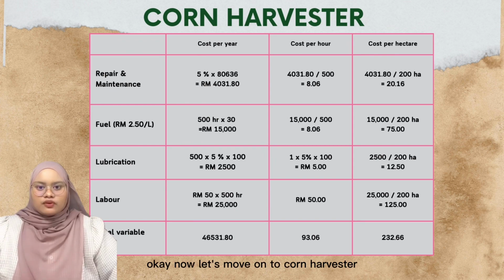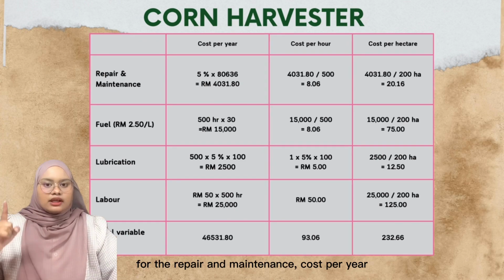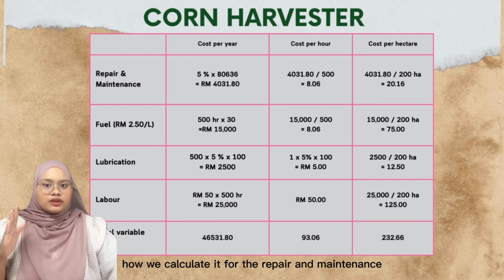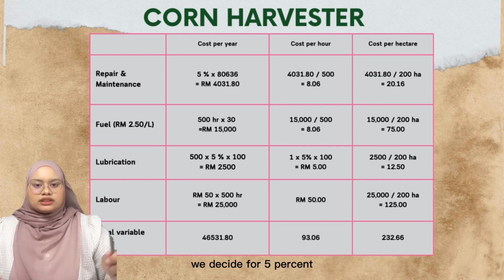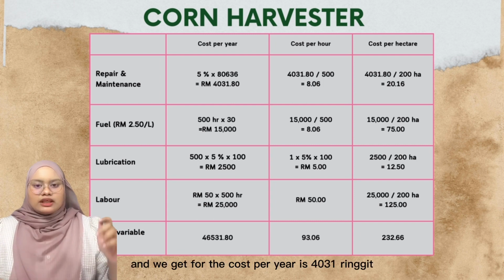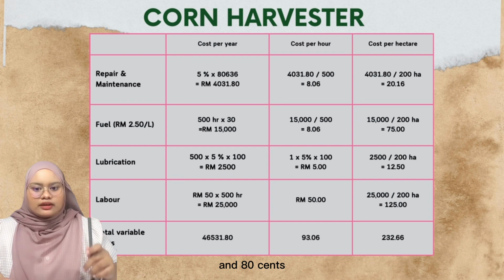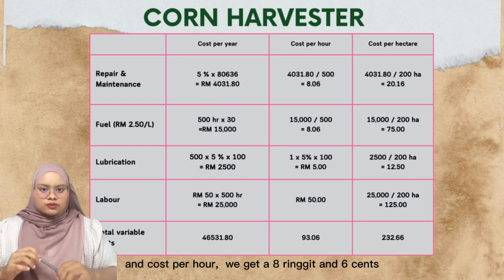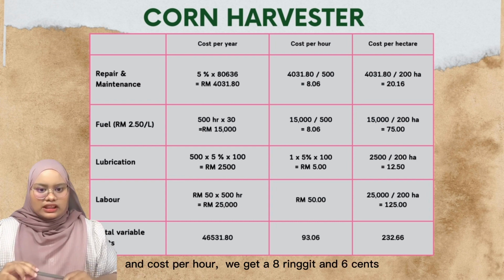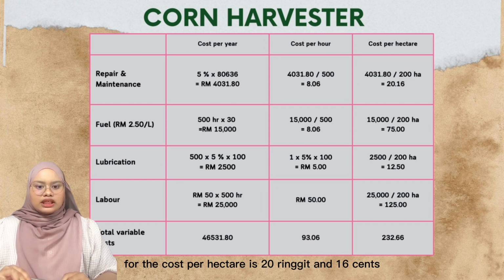Okay, now let's move on to the corn harvester repair and maintenance cost per year. How do we calculate it? For repair and maintenance, we decide on 5% times the purchase price, and we get the cost per year of 4,031 ringgit and 80 cents, and cost per hour we get RM8.06. For the cost per hectare is RM20.60.